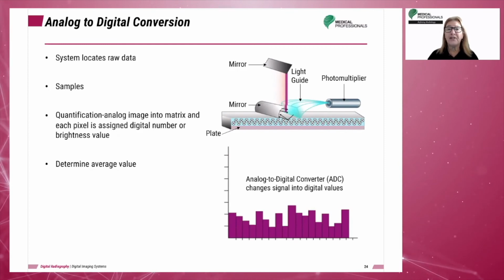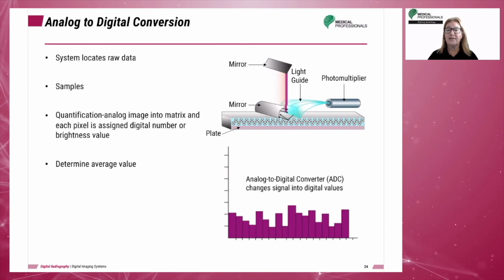Quantification or digitization refers to the process of converting the analog or electrical signal image into numerical data. During this process, a numerical value is assigned to each light photon.